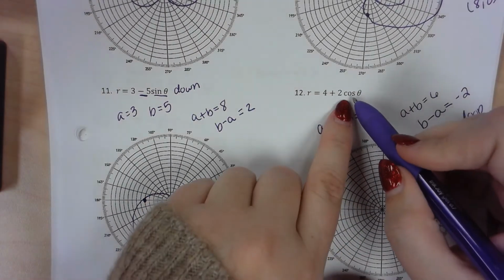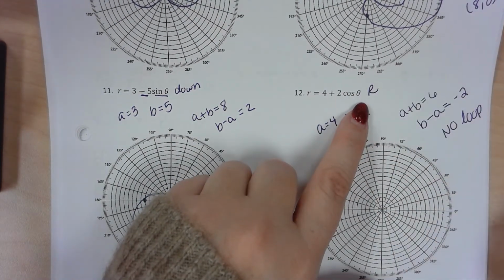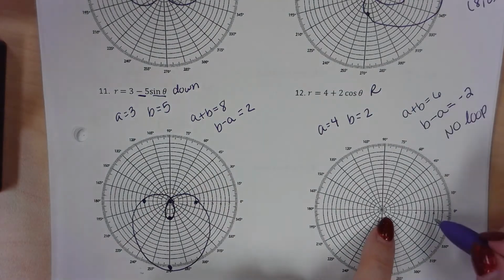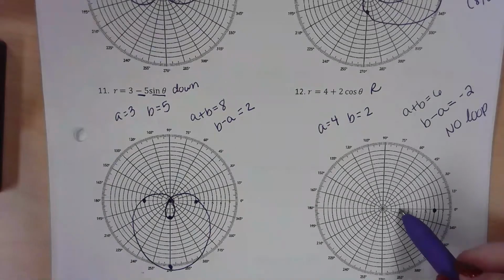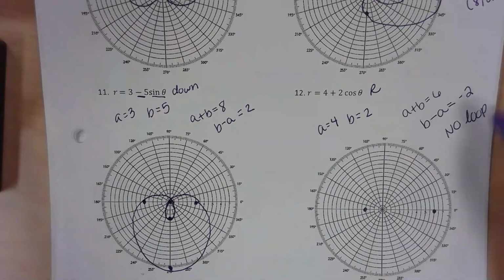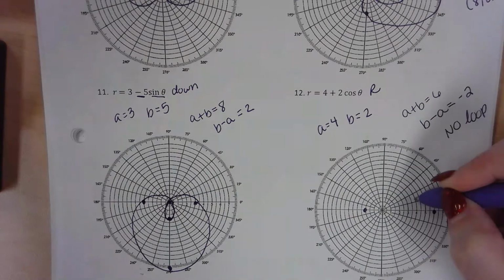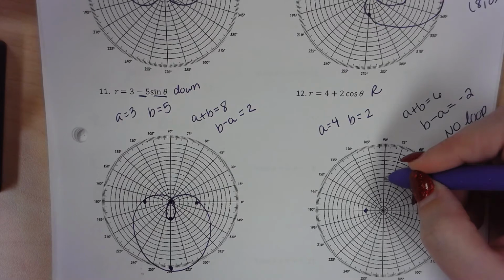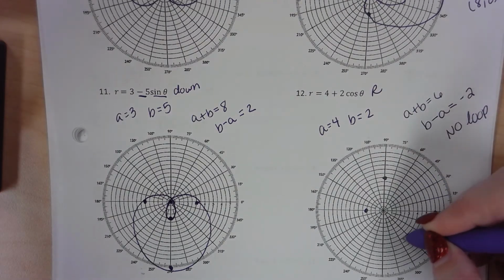So this is cosine. And it's positive, so it's going to be opening to the right. So we're going to go out 6 for our total length to the right, but instead of having a loop at 2, it actually gets pushed out in the opposite direction, 2. Our A is 4, which means we're going to have intercepts at 4 going up and down.